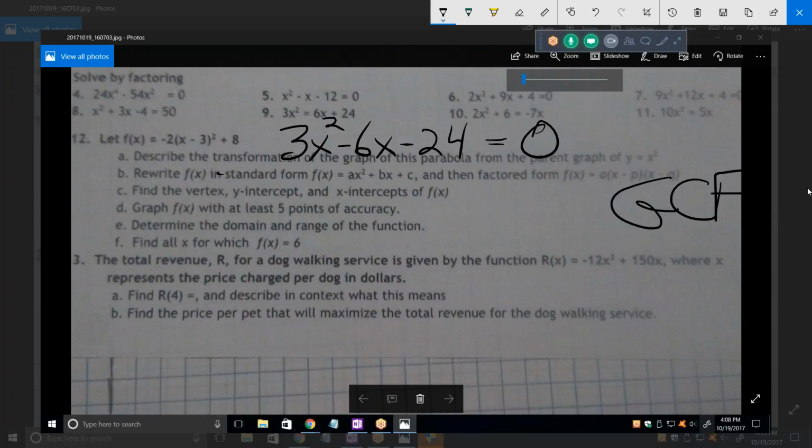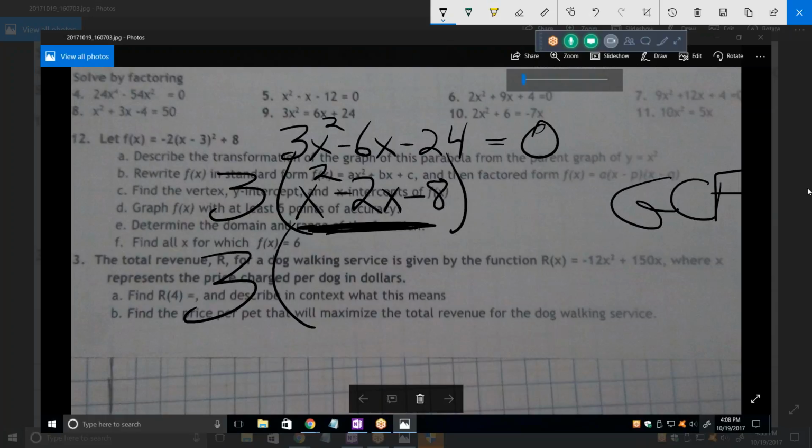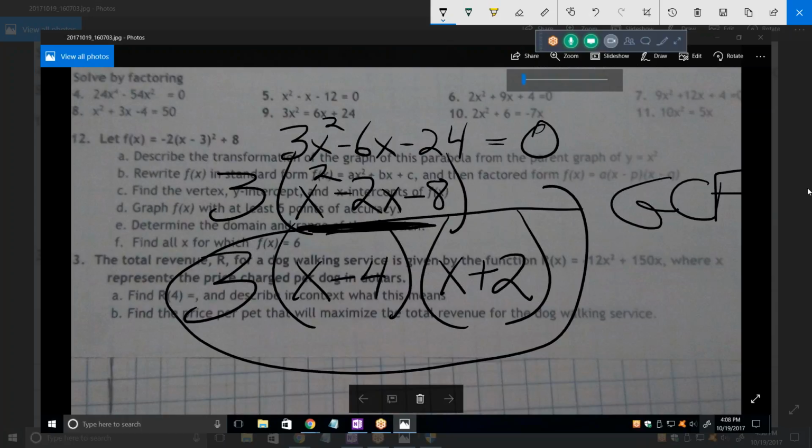So I can simplify this tremendously by taking out that greatest common factor. And now I have to just deal with an elementary quadratic. So I still got to carry forth the 3, but now when I factor that, I'm going to get x minus 4 and x plus 2.